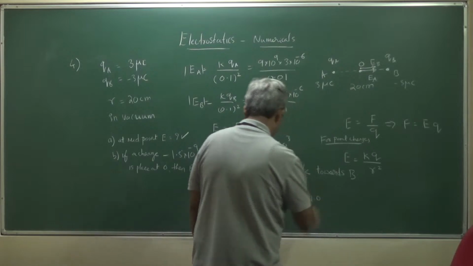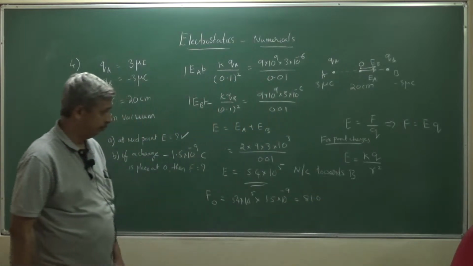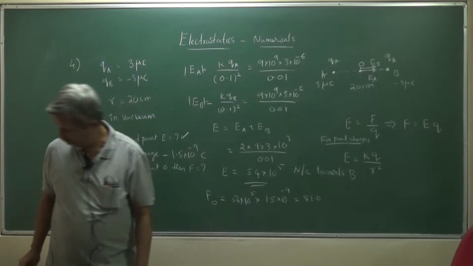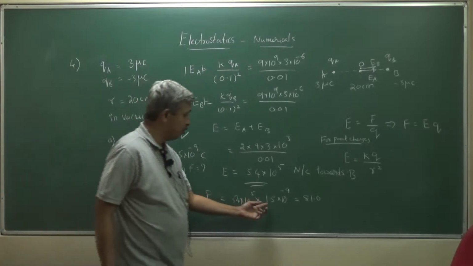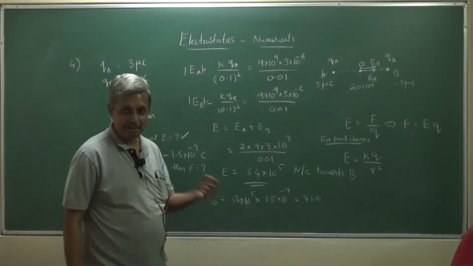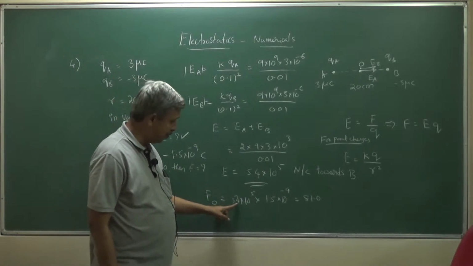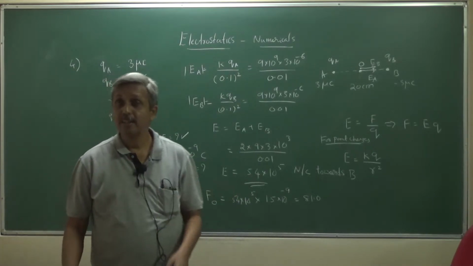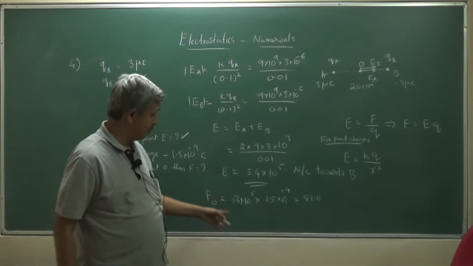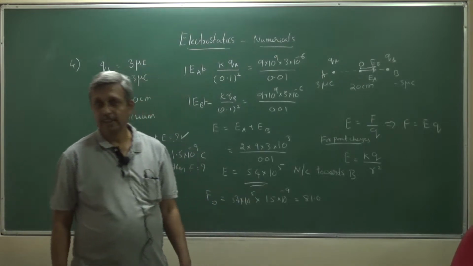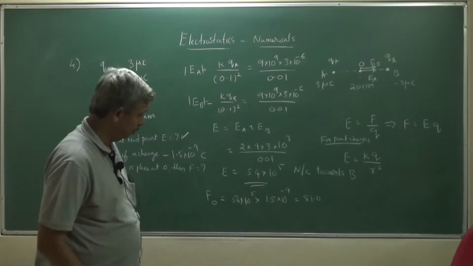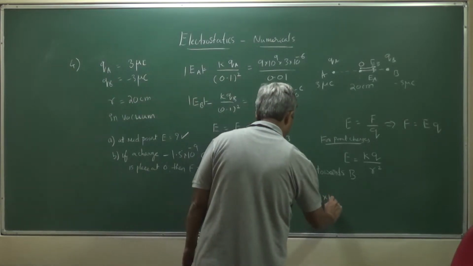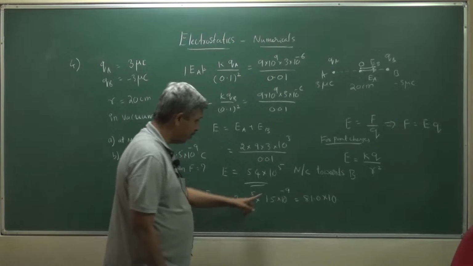Is it correct? I don't think it's correct. So 54 into 1.5, how do you calculate? You can use a calculator or you make 54 divided by 2, which is 27. Okay, 27 plus 54 is 81. So 81 into 10 to the power of 5 minus 9.